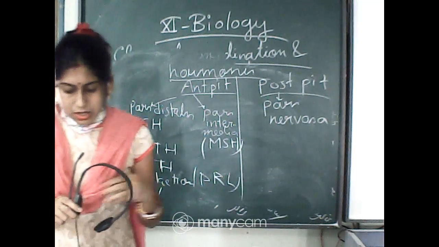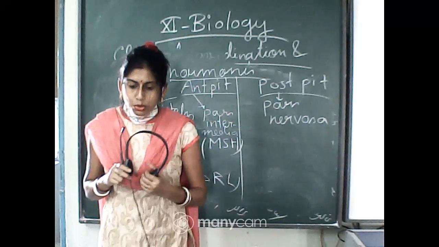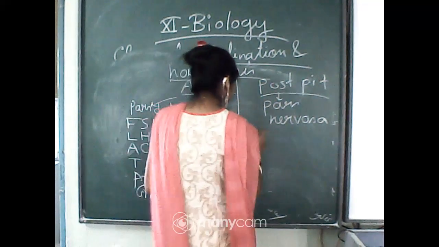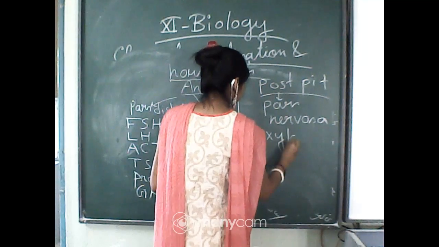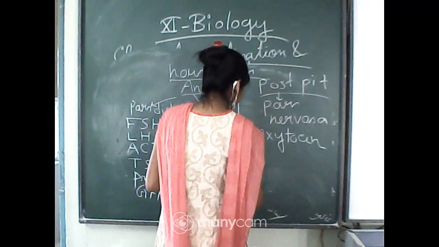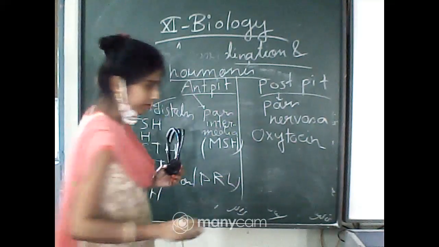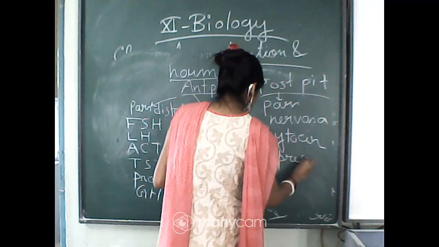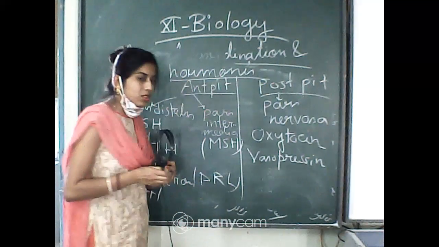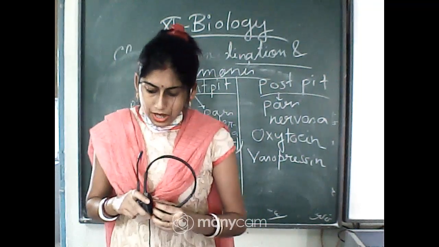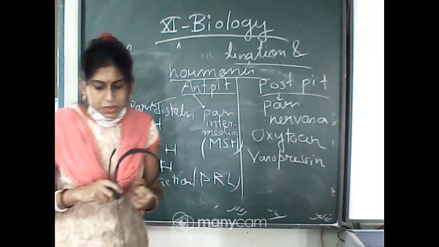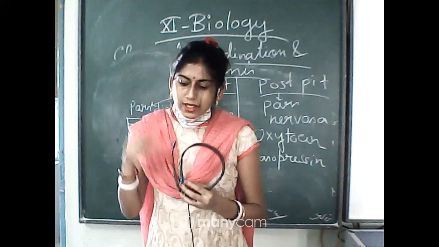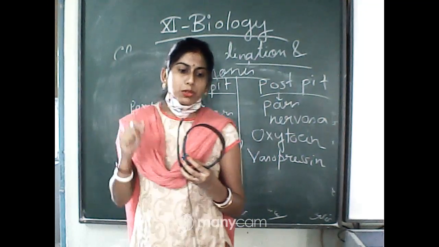The posterior pituitary stores and releases two main hormones, that is oxytocin and vasopressin. Actually, these hormones are synthesized in the hypothalamus and transported axonally to the neurohypophysis.